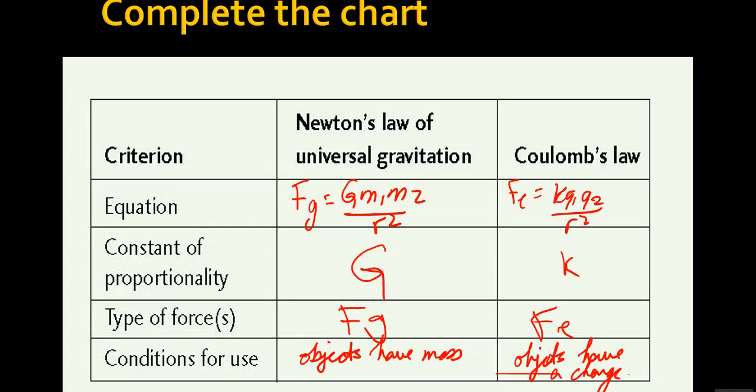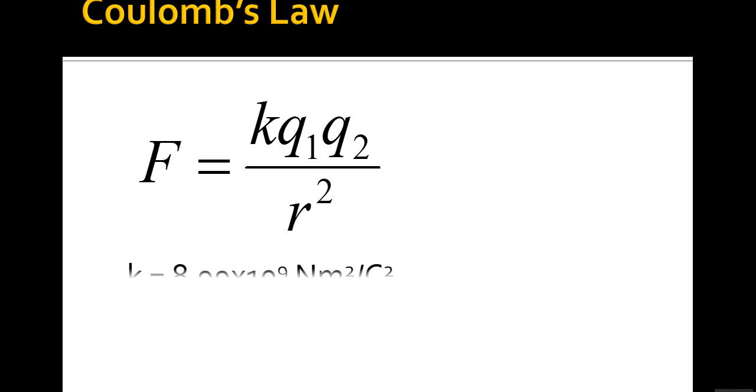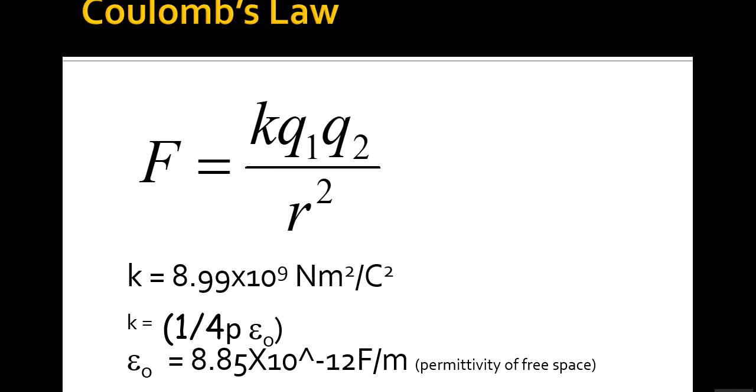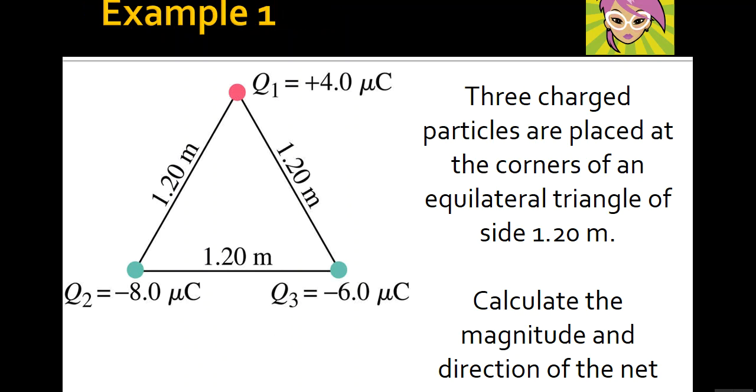Any questions about this? Because now we're going to go into some examples. So here we are. We have three charged objects. The one at the top is positively charged. The ones at the bottom are negatively charged.